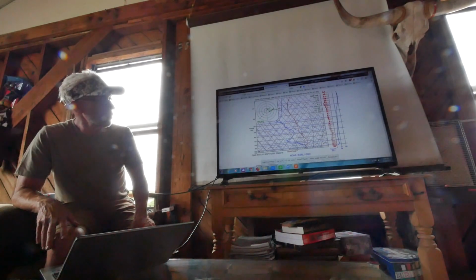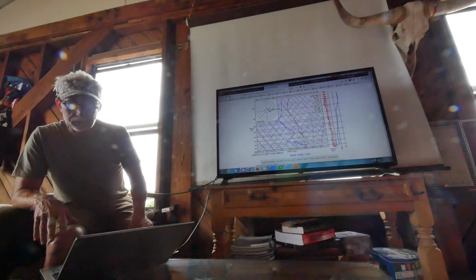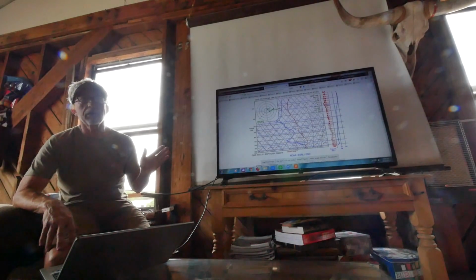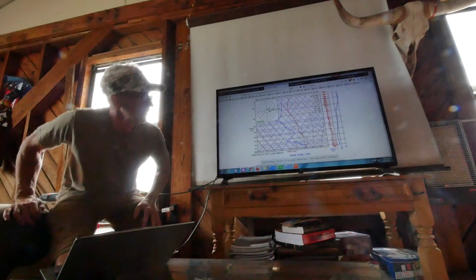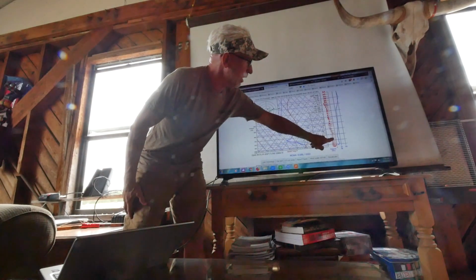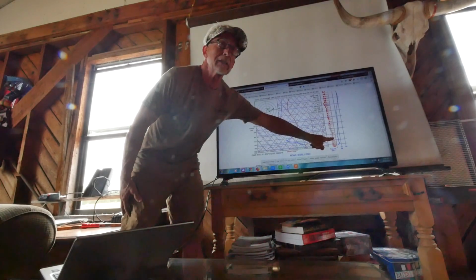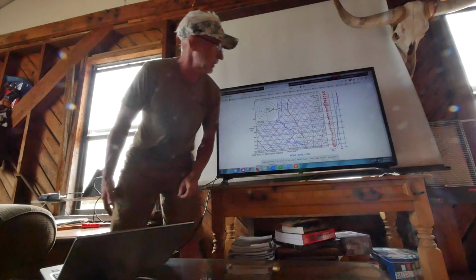Down low, the flags are showing it's southwest, and then increasing with altitude, and the barbs on the flag are wind speed indicators. If it's a full barb, it's 10 knots. If it's a half barb, it's 5 knots. So you can see a half barb right there and 2 full barbs, so it's 25 knots at that altitude, which is 7,000 feet.